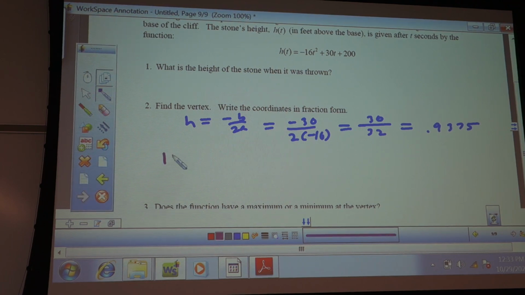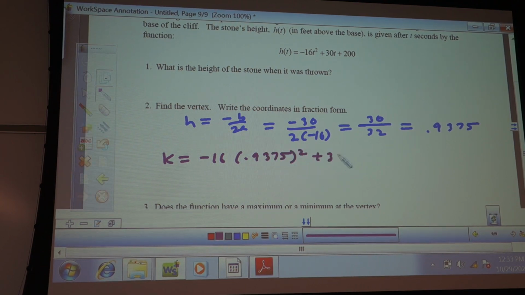And then my k would be negative 16 times 0.9375 squared plus 30 times 0.9375 plus 200.